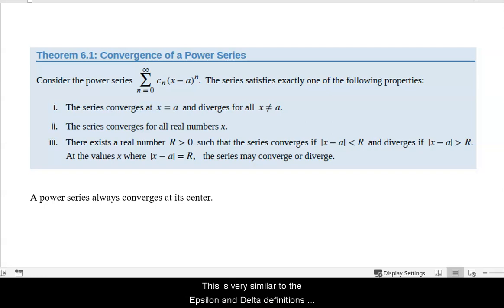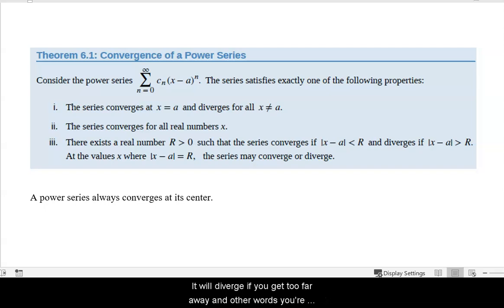This is very similar to the epsilon and delta definitions that we used in Calculus 1 for doing the definition of a limit. Again, it's the same idea. How far away from a can you be to guarantee that the power series will converge? R. Don't get any further away from a than R, then you'll be safe and everything in between will converge.